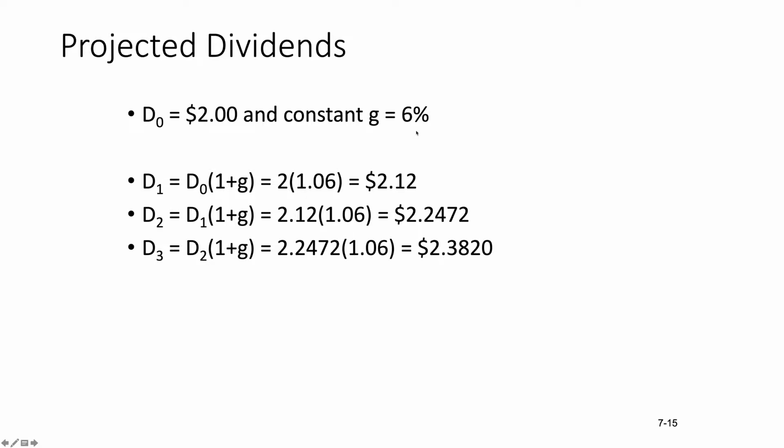The next dividend equals D0 times 1 plus G. Inside the bracket, 2 times 1.06 equals 2.12. Then D2 is D1 times 1 plus G, 2.2472. Well, you have a fourth decimal point. Do the calculation. Now, let's make it simple.